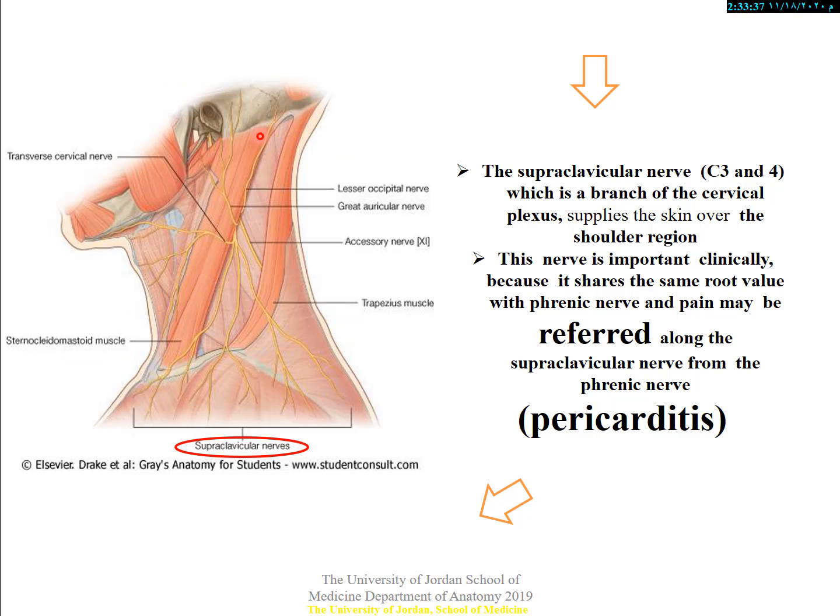So sometimes, and this is a very important clinical application, in people who have cholecystitis, which is inflammation of the gallbladder, the pain may be carried by the phrenic nerve, and our brain would think that the pain comes from the shoulder area because they have the same root value.